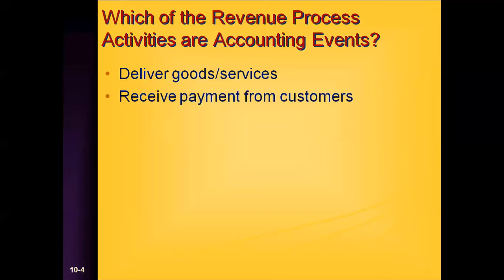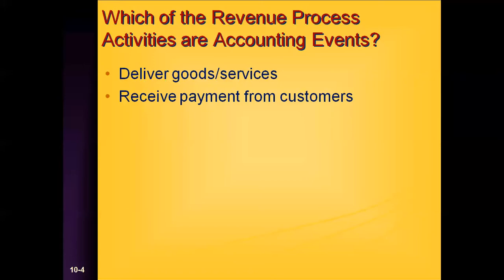Okay, so then the second area is receiving payment from customers, right? And we mentioned part of this above. You're going to have two areas that occur here if cash is involved. Either they give you cash up front, or if you do business on account, you will get cash when you collect that particular account.